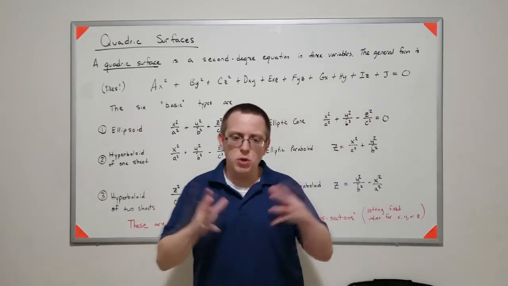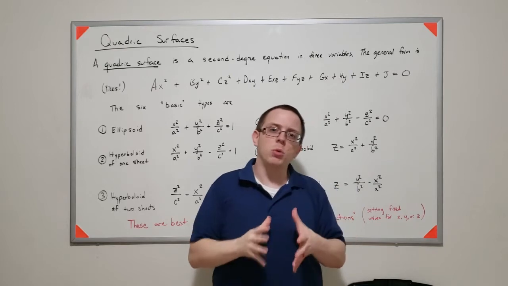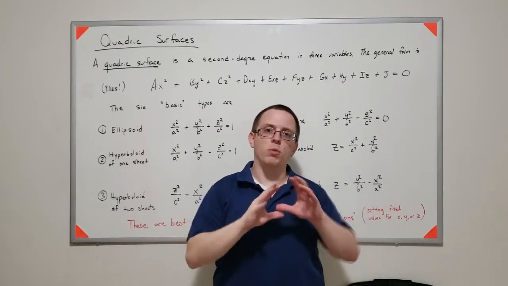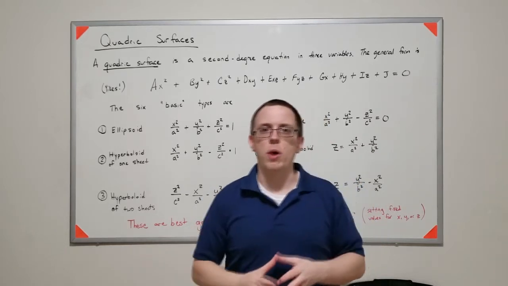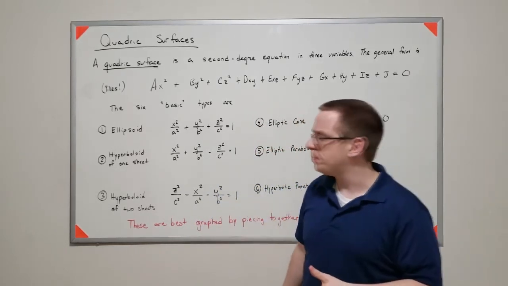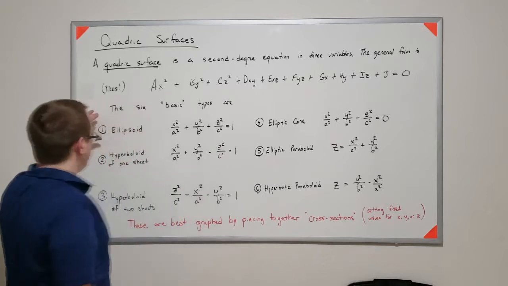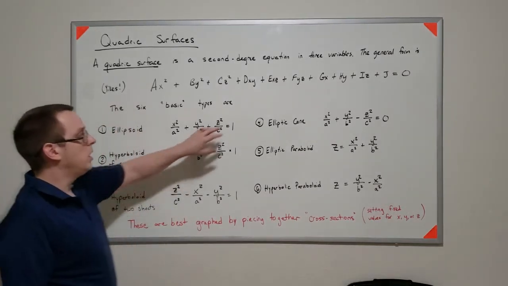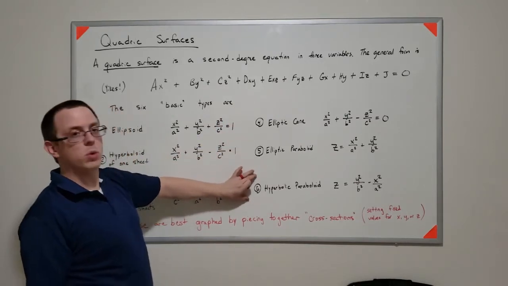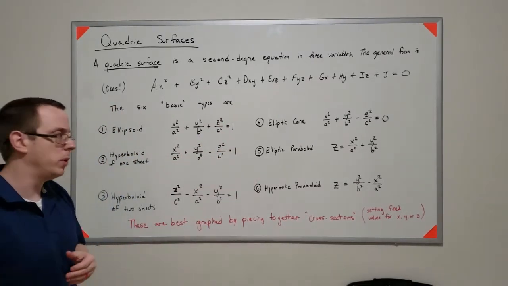But generally speaking, we can use some algebra to rearrange these equations into 6 basic types. And they're the ellipsoid, the hyperboloid of one sheet, the hyperboloid of 2 sheets, elliptic cones, elliptic paraboloids, and hyperbolic paraboloids.